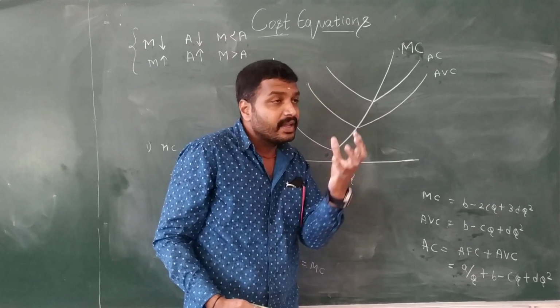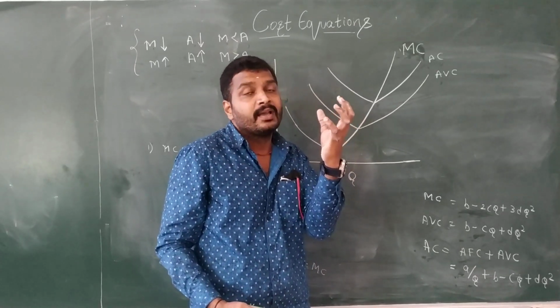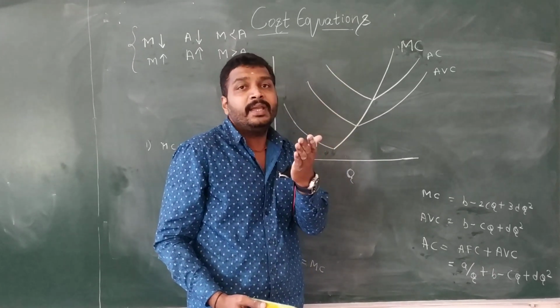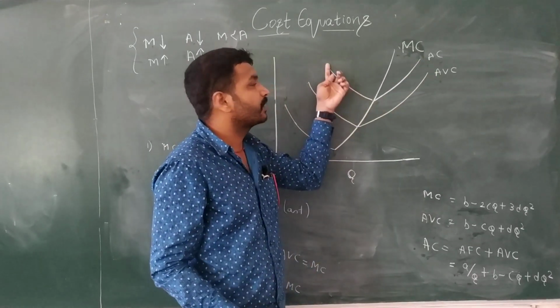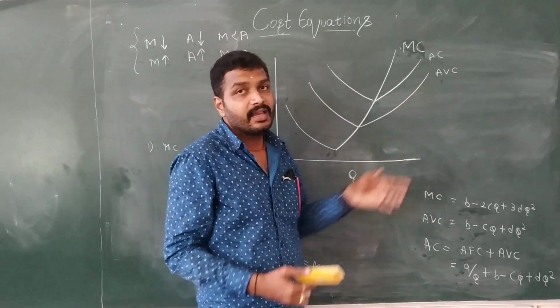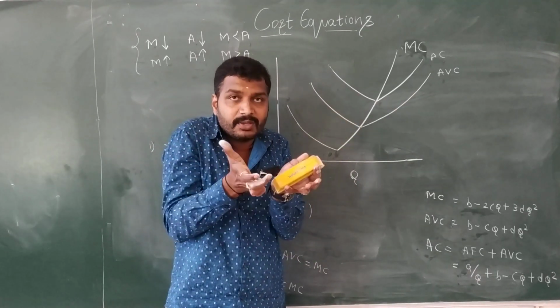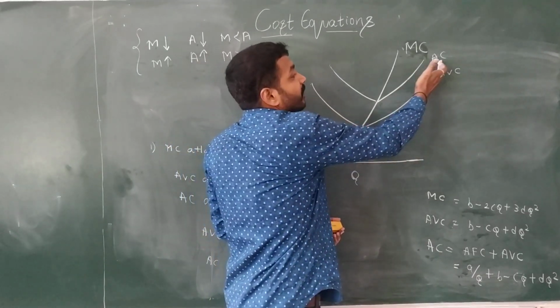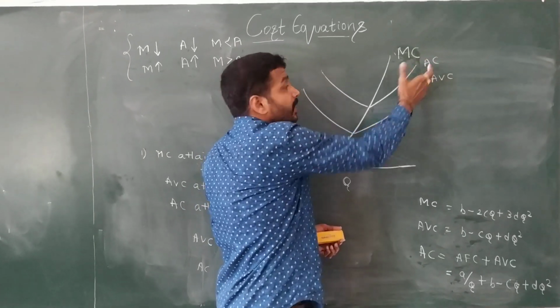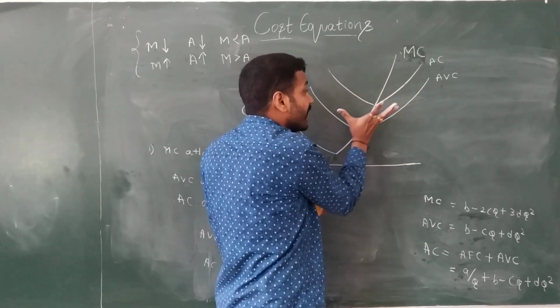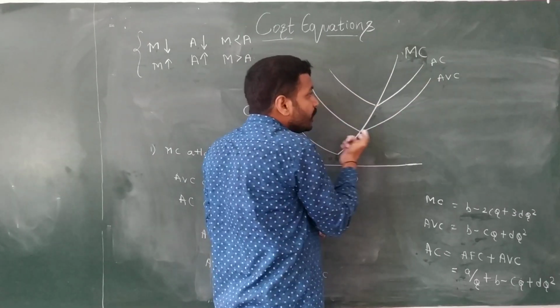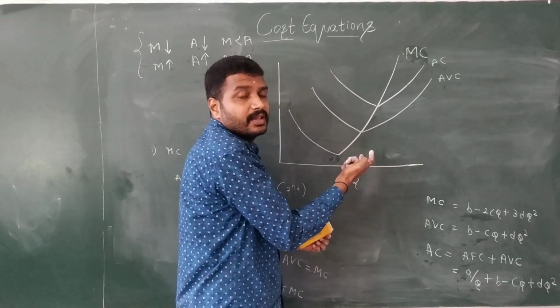So we could say that AC falls gradually, so it is flatter compared to ABC. ABC is much steeper if you compare it with AC. That you need to understand. Is that clear?